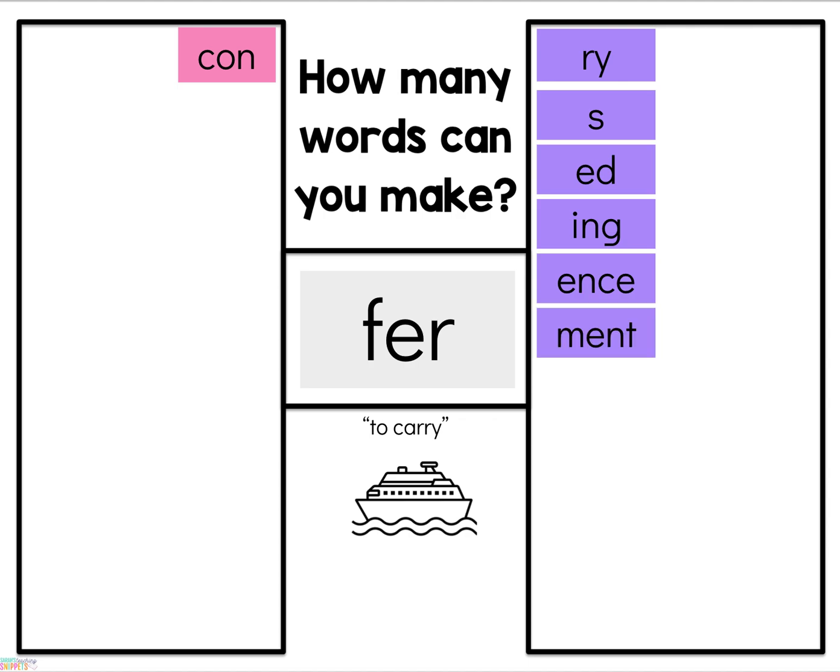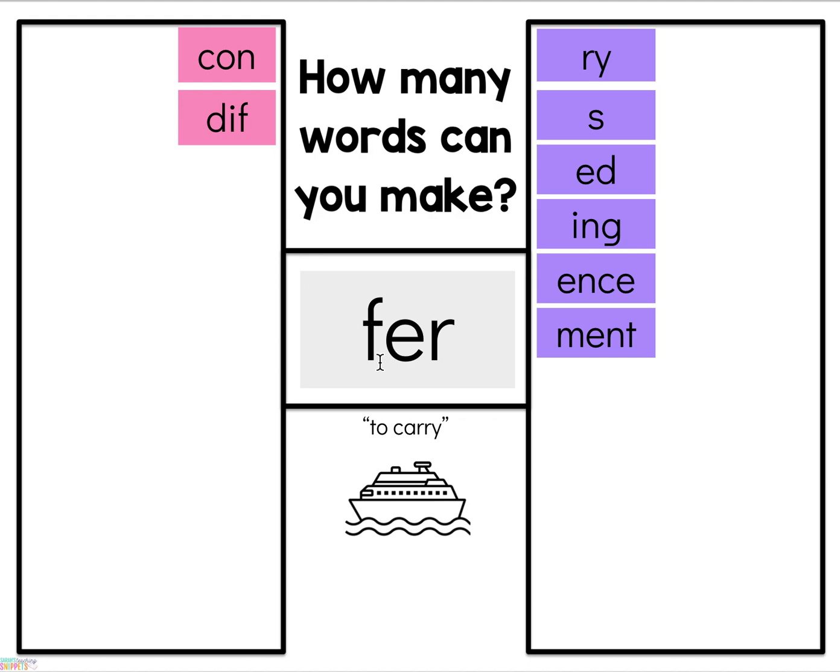The word conferment, I don't actually use that word, but apparently it's a word. Now we have, if we add D-I-F, can you tell what word we have? We have differ. So I would have my students write on their whiteboards the word differ, and I would point out how there's 2 F's because we need that F that is part of the prefix, and then we need this F because it's part of the base element.